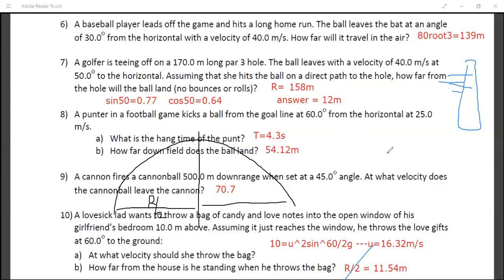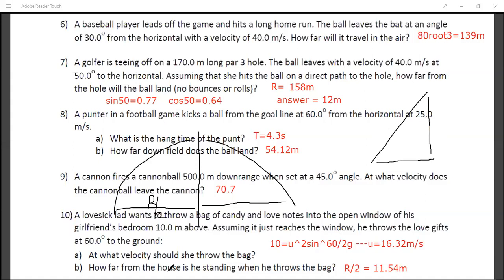No, not the window. How far is he standing? They are talking about the horizontal distance, not from the window. They are not talking about the displacement. They are just talking about the horizontal, how far from the building. Yeah, so from the house, no?